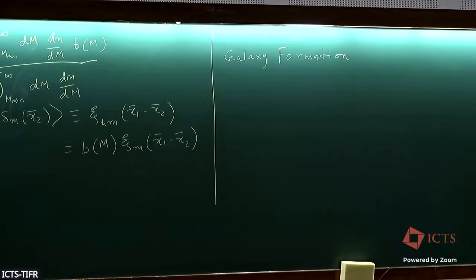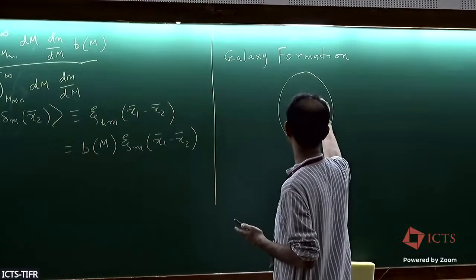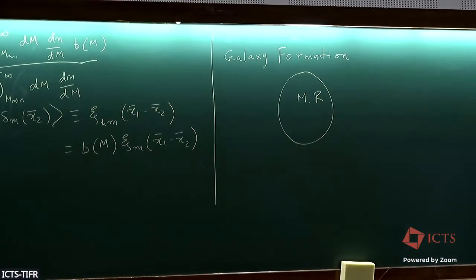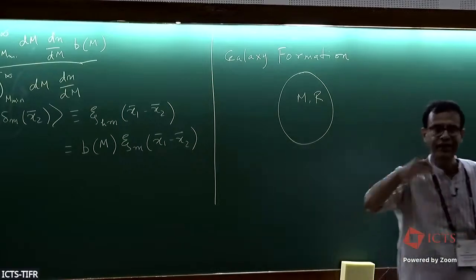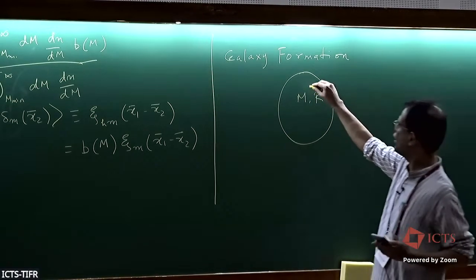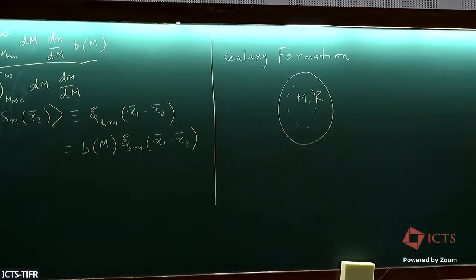So a halo, let us say, has formed, and we were mostly talking about spherical halos. These have some mass m and some radius r. So as we said, the potential is essentially dominated by dark matter. As the halo was forming, the baryons, the gas, were essentially following the dark matter. So once the halo forms, the gas is also trapped inside because there is so much potential there, the gas cannot escape.